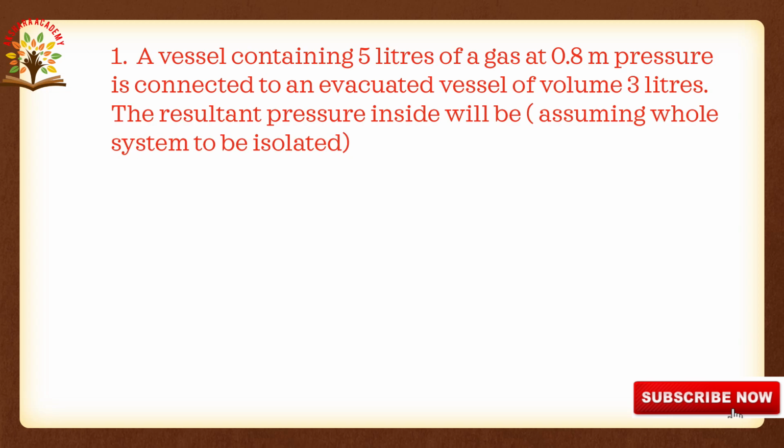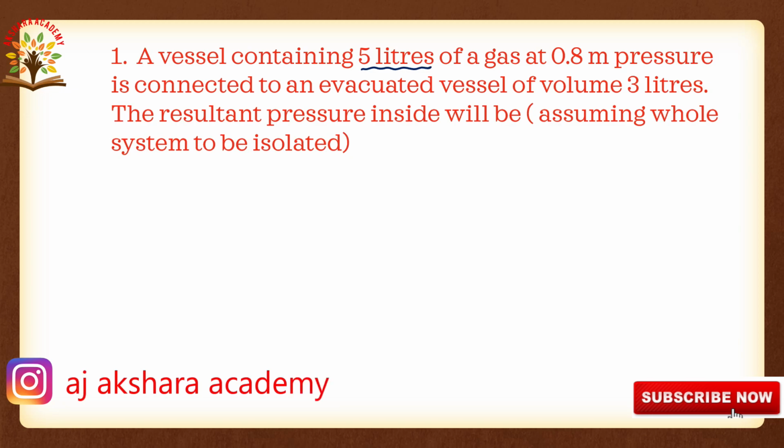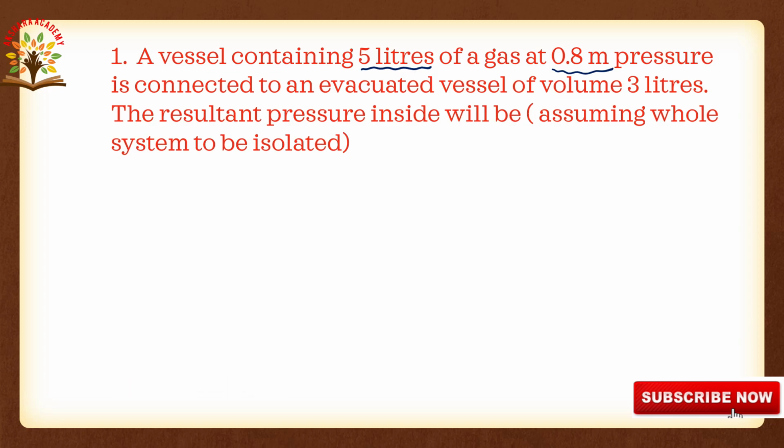So in this question they have given 5 liters of a gas, so V1 is equal to 5 liters, at 0.8 meters pressure, connected to an evacuated vessel of volume 3 liters. The resultant pressure inside, you have to calculate. Let us go to the solution.